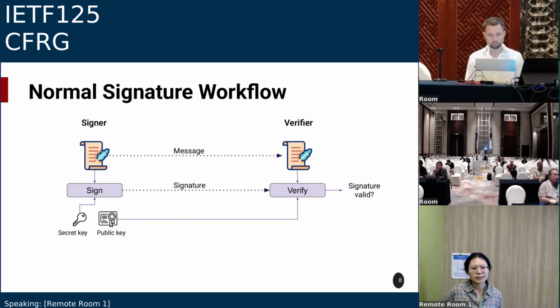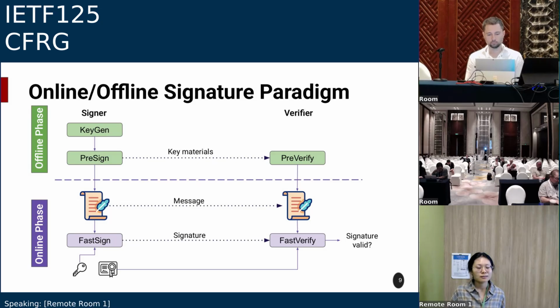Usually, when the message is ready, the signer creates a full signature in real time, and the verifier validates it with the public key. But this expensive post-quantum signing and verification sits directly on the critical path. Thus, to take the heavy part off the critical path, we introduce this online-offline signature paradigm.